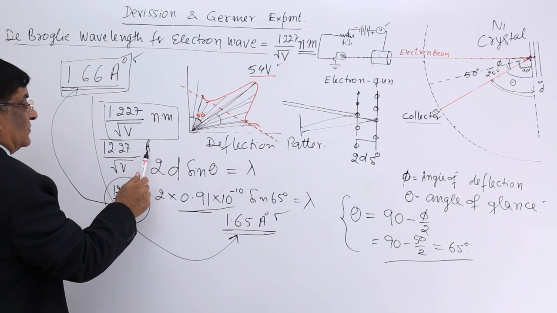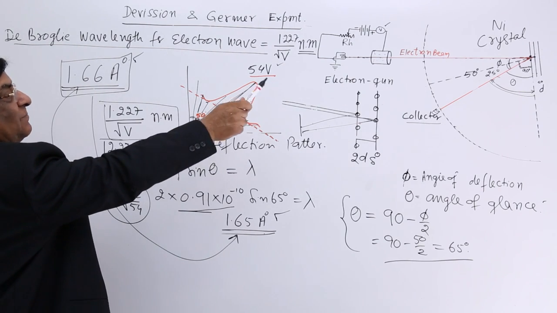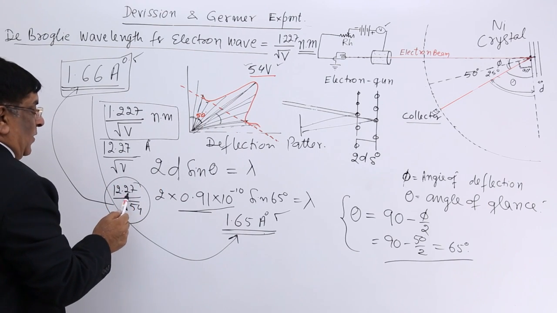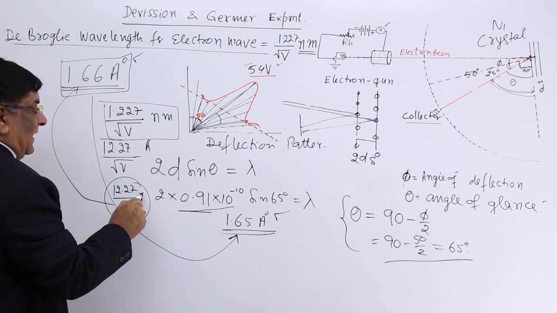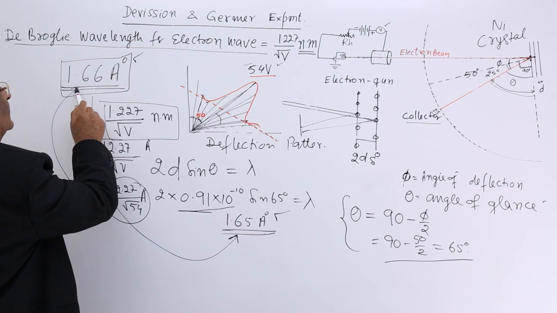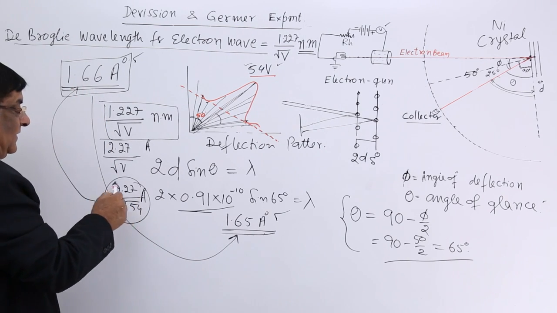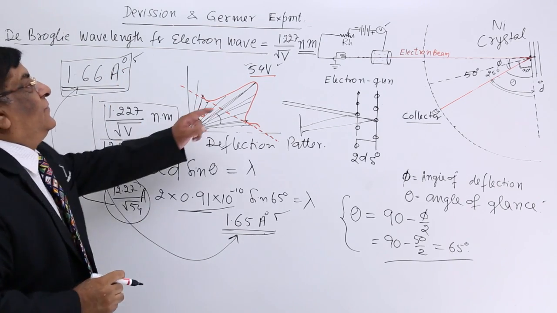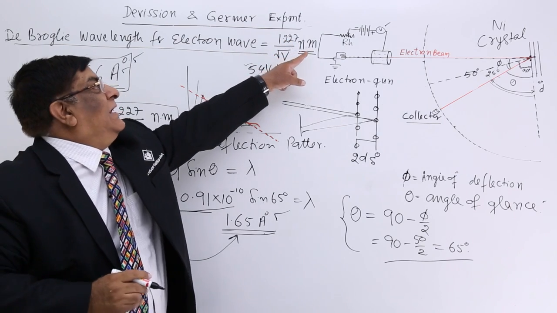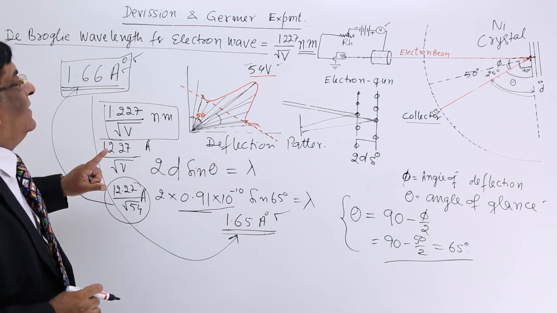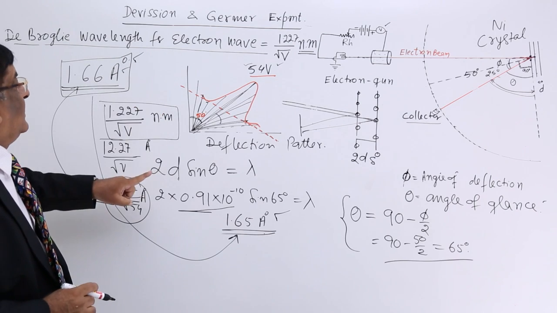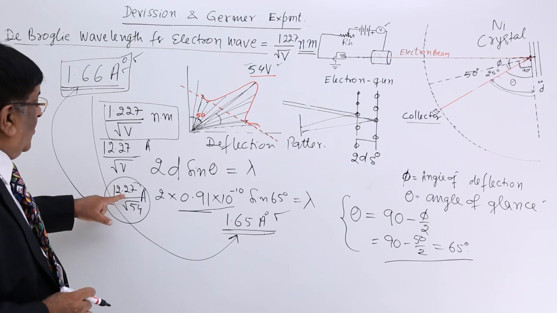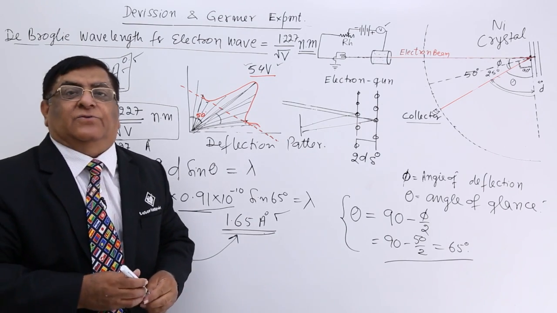Now, if we put it in angstrom and we put the voltage applied in this experiment, that was 54 volt, this will be 12.27 upon root 54, and the unit will be angstrom, and after calculation, it will be 1.66 angstrom. So, please don't get confused, this is not angstrom, this is nanometer. So, remember, the De Broglie wavelength for electron is 1.227 nano or 12.27 angstrom. Then you get the right result.